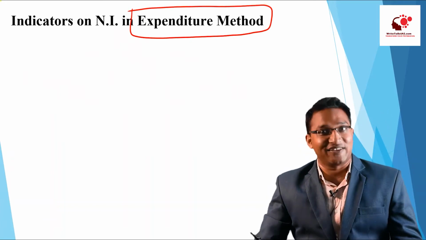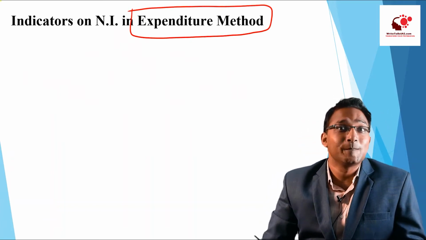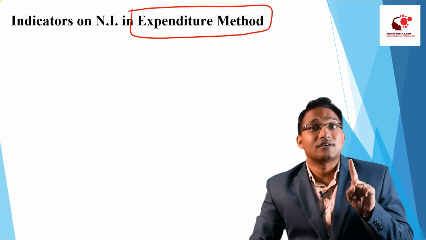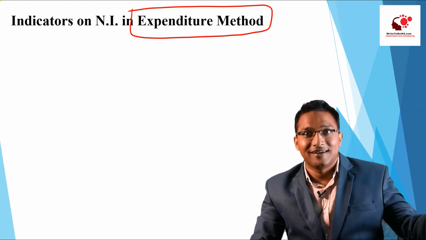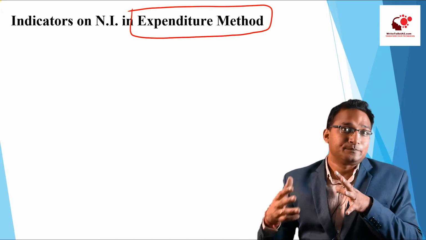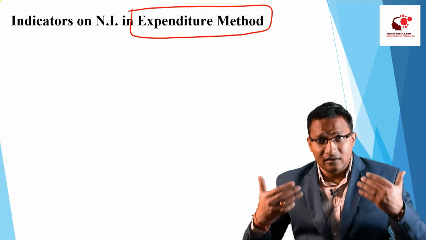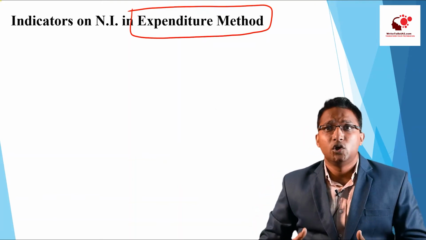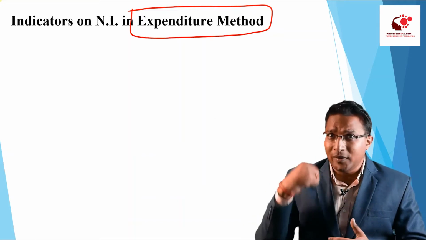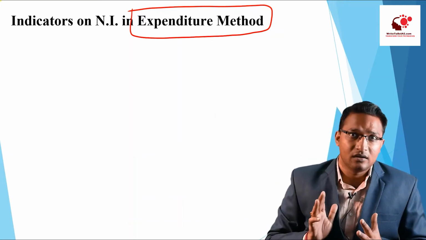So in this method, first let us see who are the players in the economy, right? When I am calculating an individual's income, it is very easy, because you can see how much I am consuming and how much I am saving.